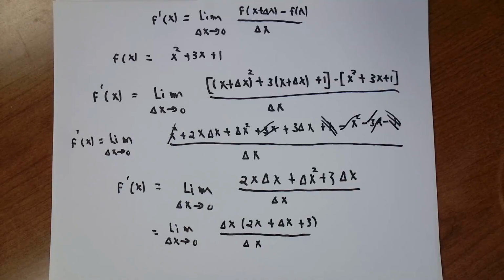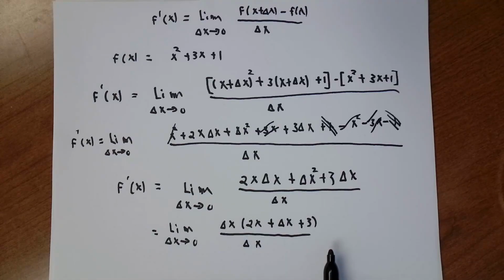When we're taking the limit as delta x tends to 0, I'm thinking of numbers for the delta x that are very, very close to 0, but not exactly 0. For all such things, thinking of the fraction only, this delta x is not 0, neither is that one, which means it's all right to cancel them out.